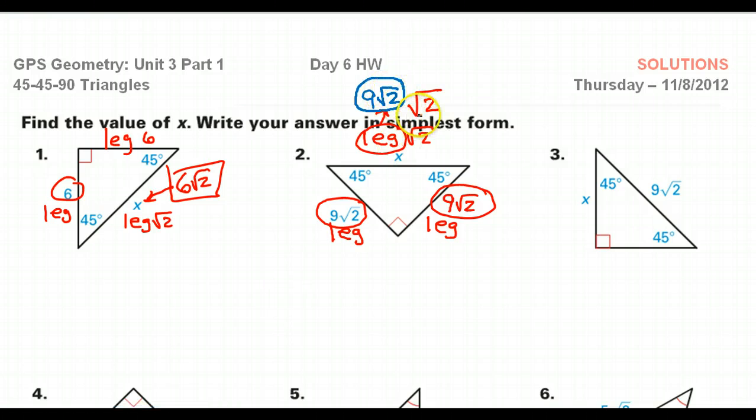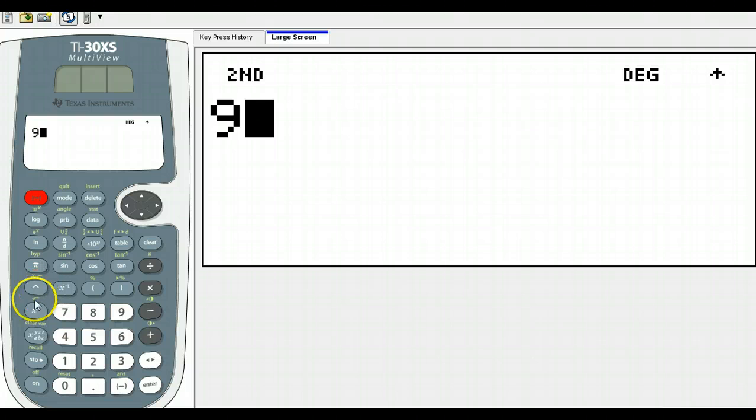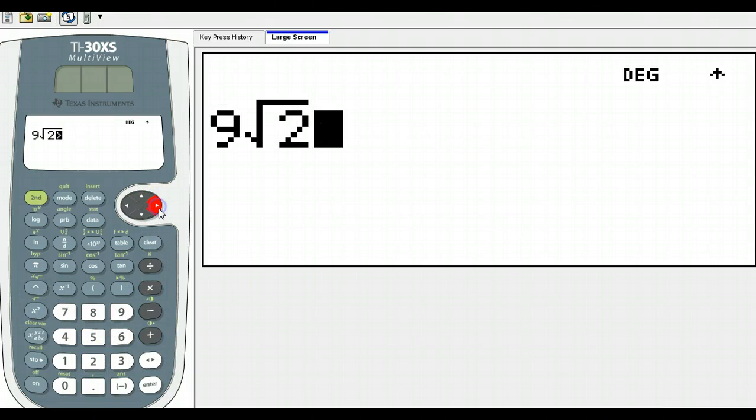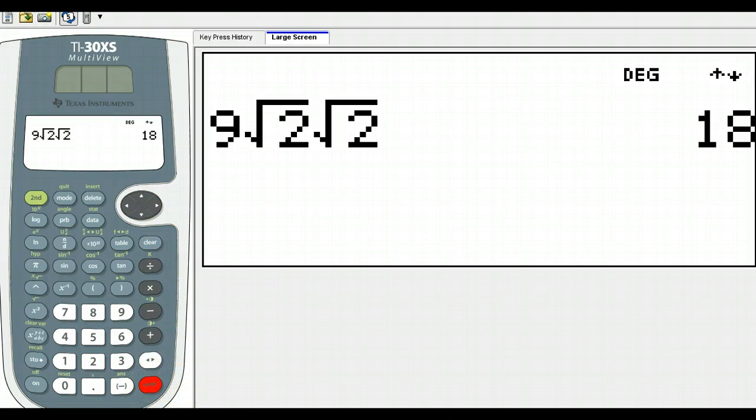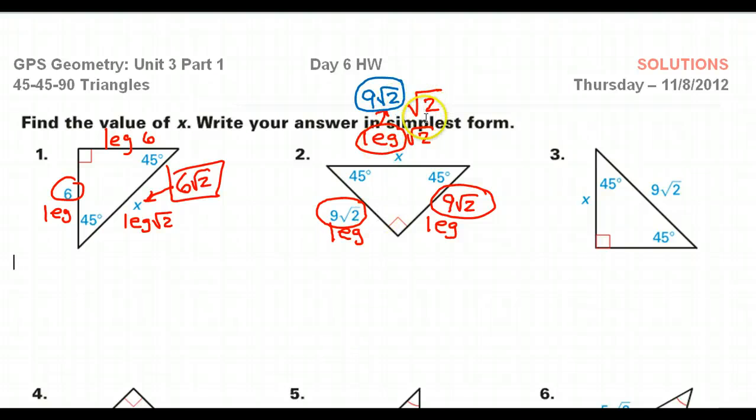Now I know in my mind that that's going to be 18, but I could put this in my calculator. 9 radical 2, like this. 9 radical 2, radical 2. Okay, and that is going to be 18. So for the record, the reason why I knew that was going to be 18, if I could just do that off to the side for a second.